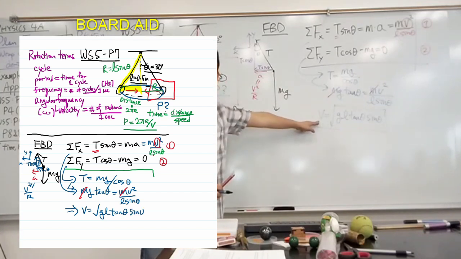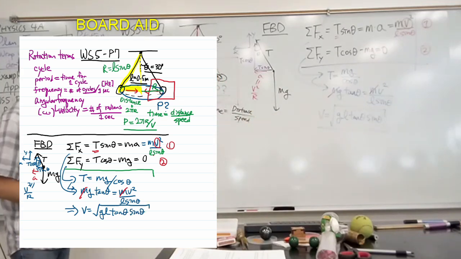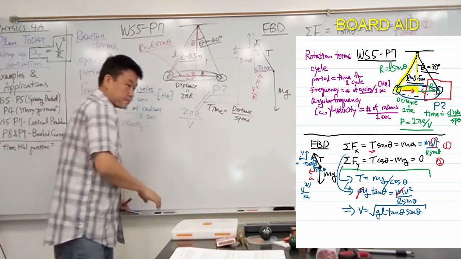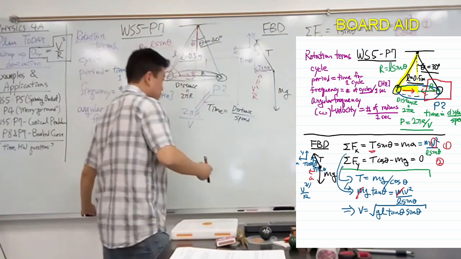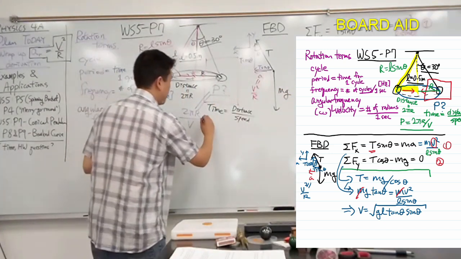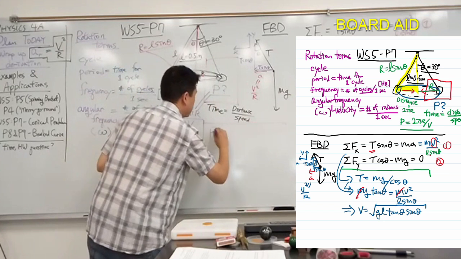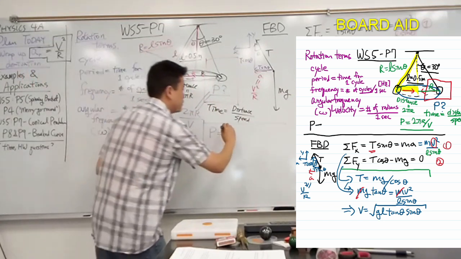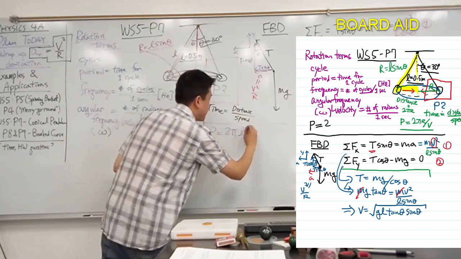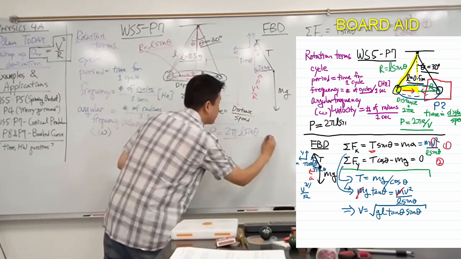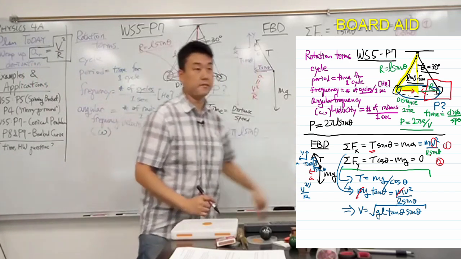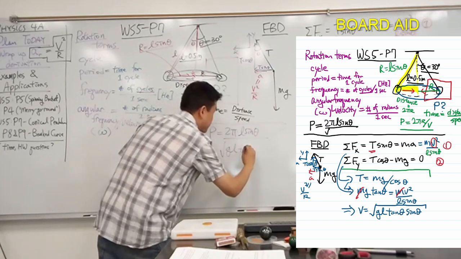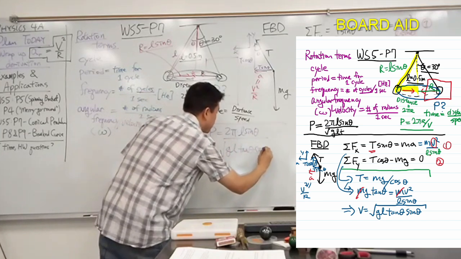Once I have V, what I need to calculate is the period. So let me do that. Period, according to the formula I've written down before, is equal to 2 pi r, or L sine theta, 2 pi times L sine theta divided by all of that, square root of GL tangent theta sine theta.